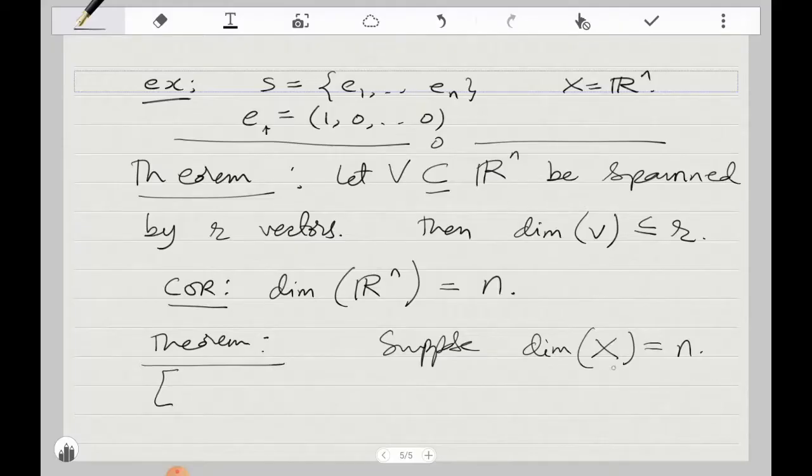Since I've already used n for the dimension of this subspace, I have to use a different dimension for the ambient space. I will call it R^k. X is a subspace of R^k.